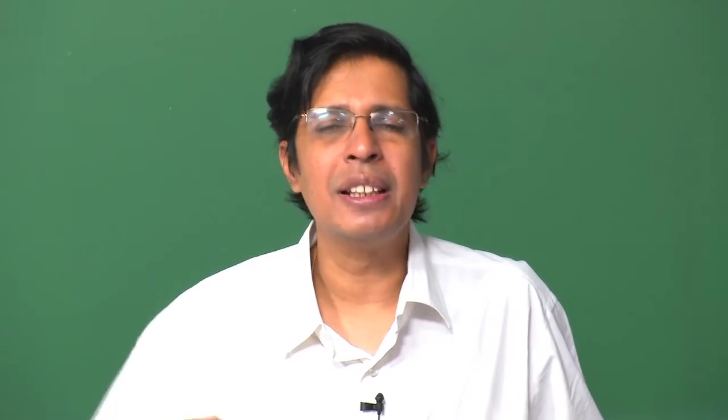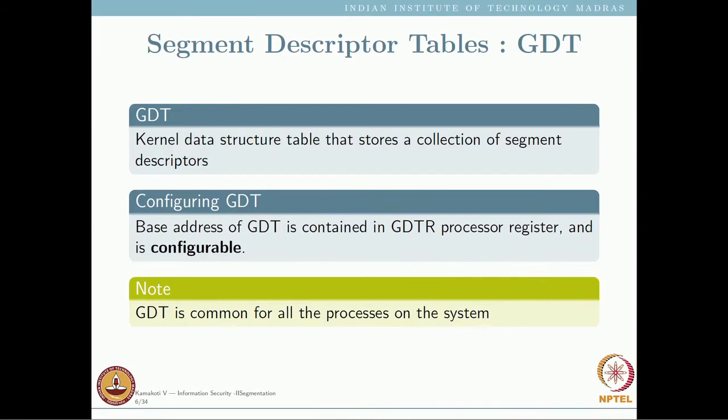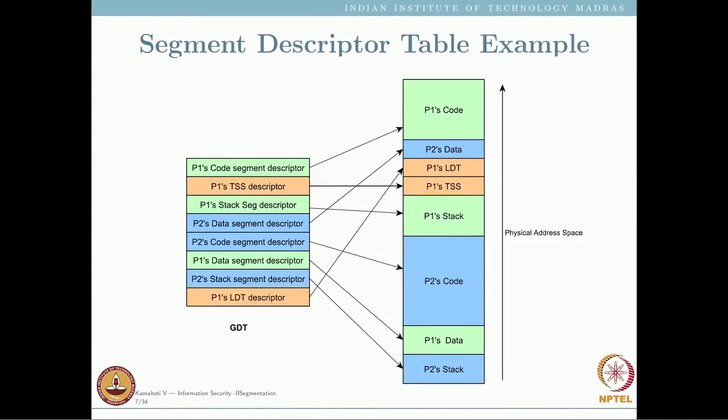In that sense, the global descriptor table is configurable in the sense that it can be loaded at any point in the memory. It is called global because it is common to all the processes, and we also covered this in great detail in the last set of sessions.